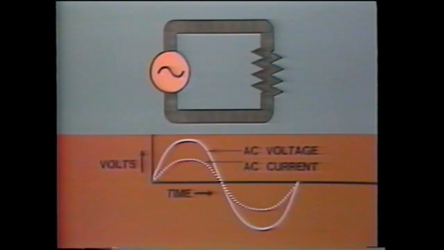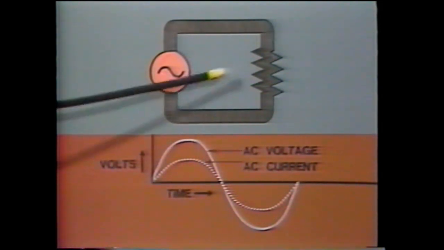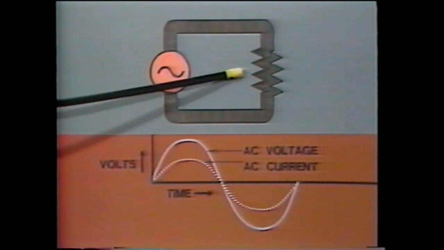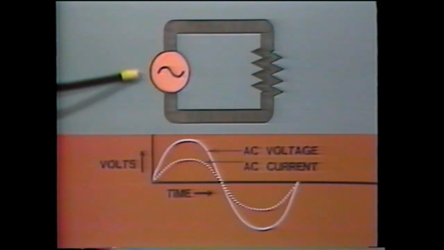Now, the current that flows when the coil is connected to a load will also alternate. This is called alternating current, or AC. Let's take a closer look at this. This load, an electric lamp for example, is connected to an AC voltage supply.